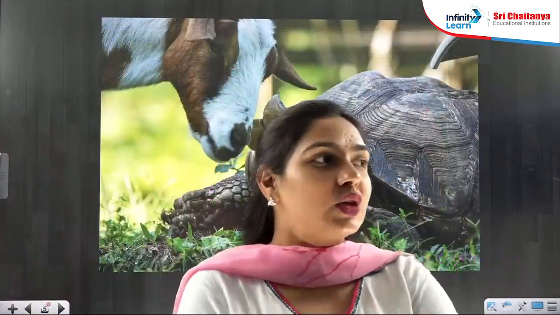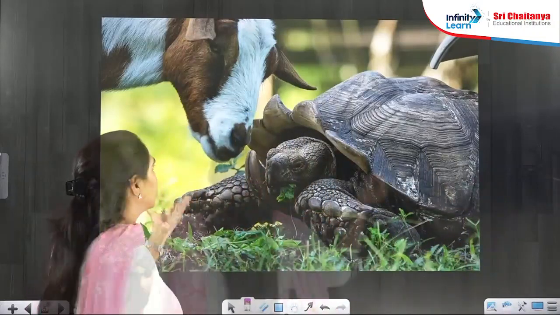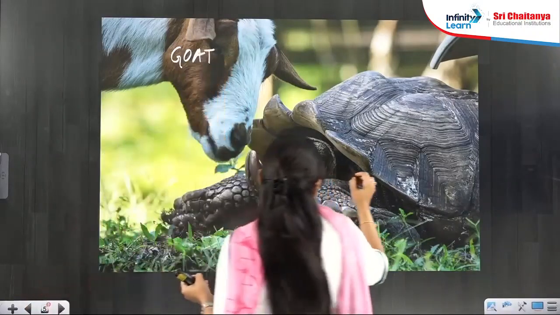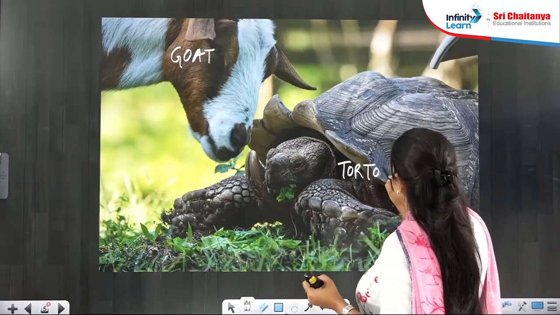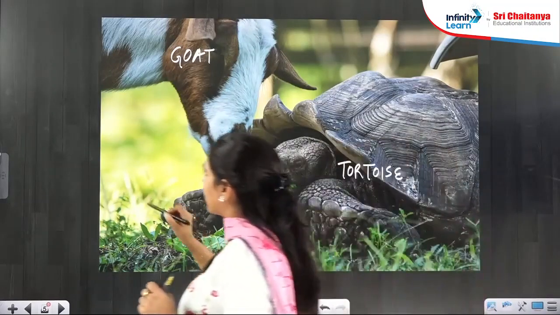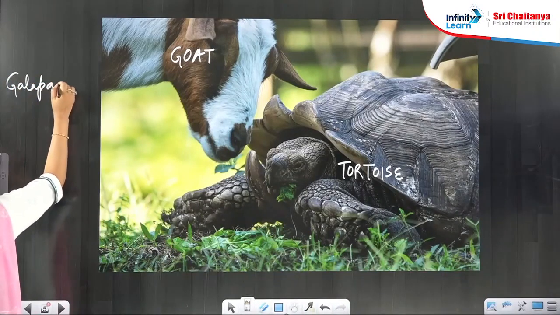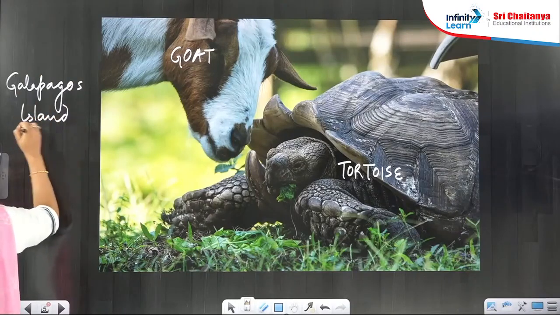Next figure. So this is goat, beta. And this is tortoise, beta. So there is a Galapagos Island, beta. On the Galapagos Island, only tortoise was living.